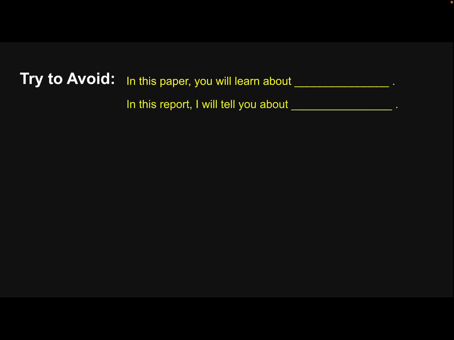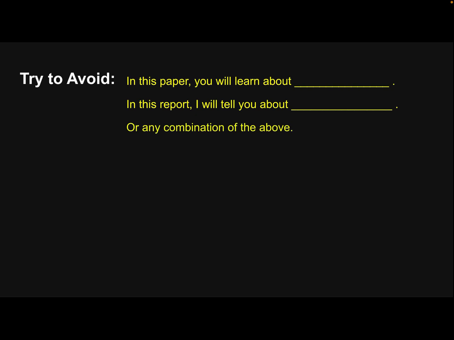All right. So things I want you to try to avoid when you're writing your informational papers are phrases like "in this paper you will learn about." Don't do it. Okay? "In this report, I will tell you about," or any combination of the above. I don't need to know. Just write it.